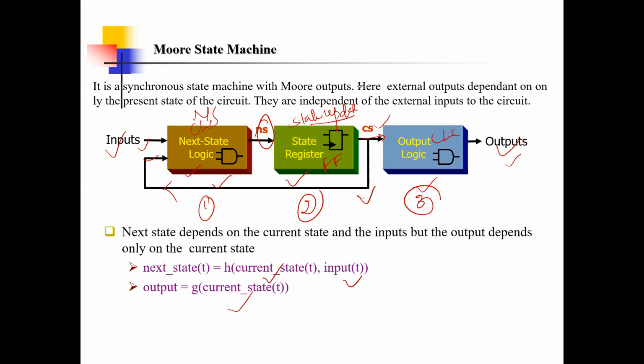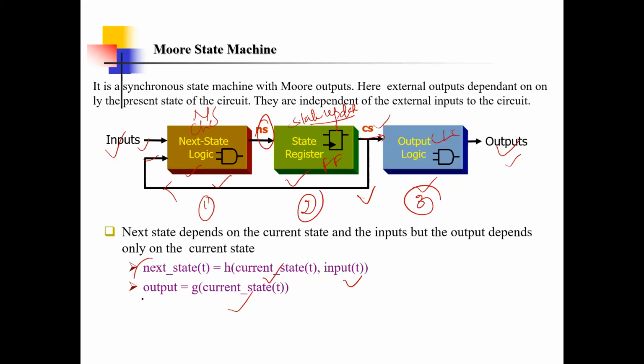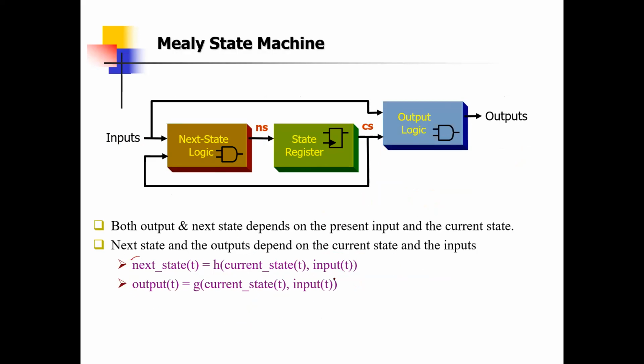The difference between the Moore and Mealy state machines is very simple. I can show the difference with these two equations: the first equation for the next state and the second equation for the output. If we compare with the Mealy state machine, the first expression is as it is.